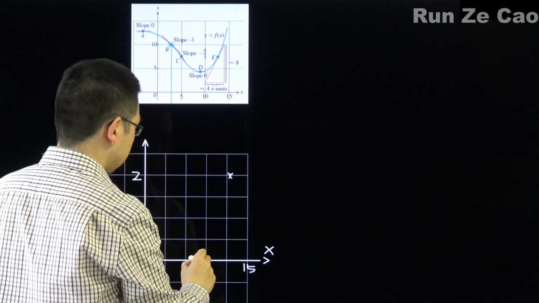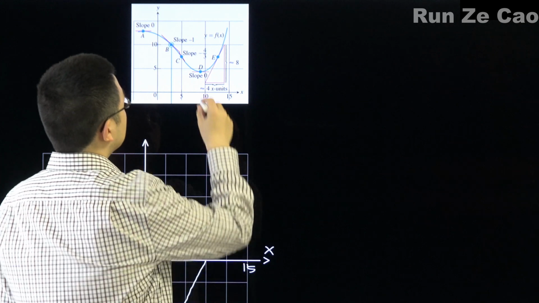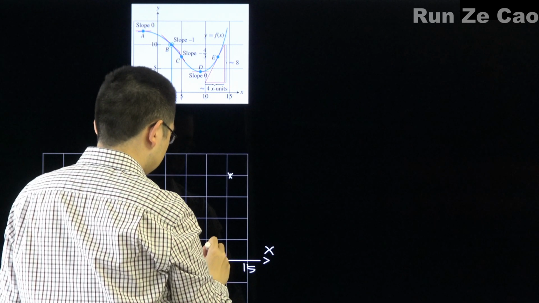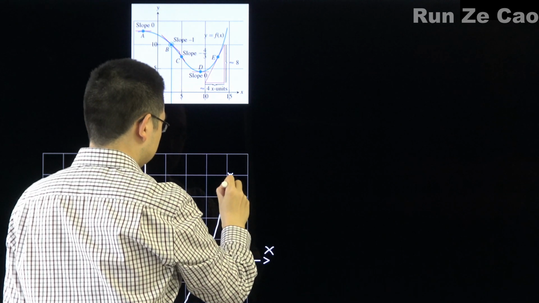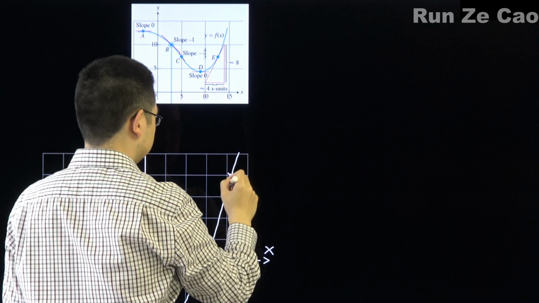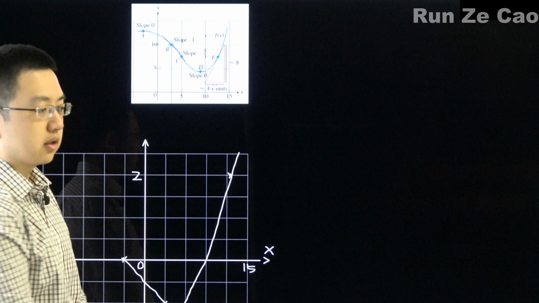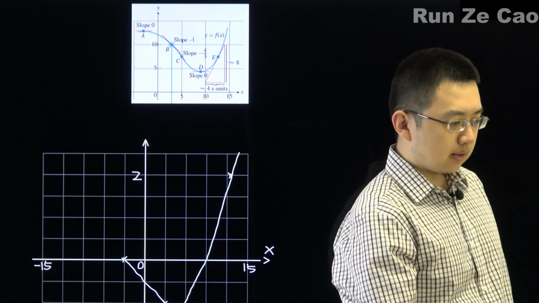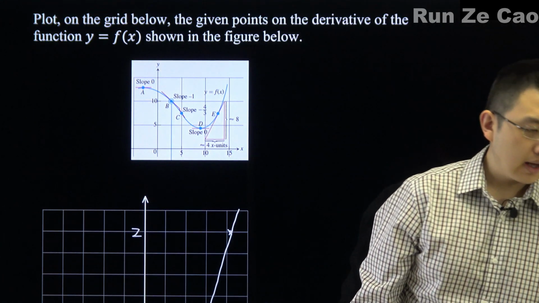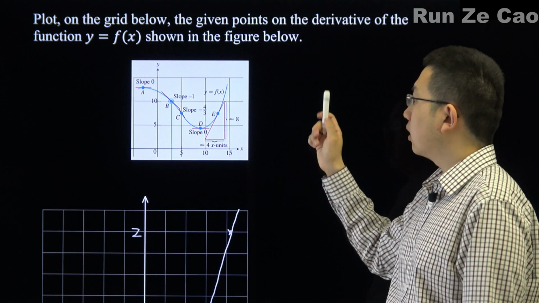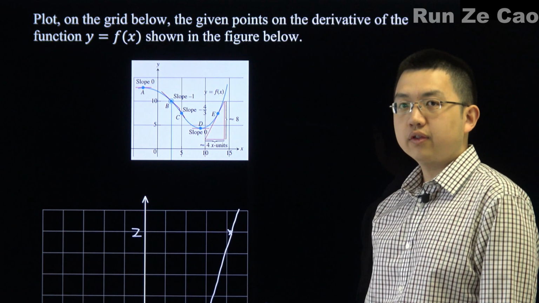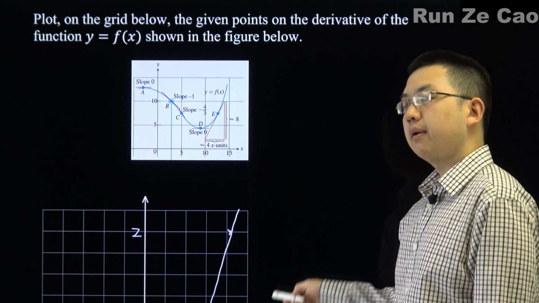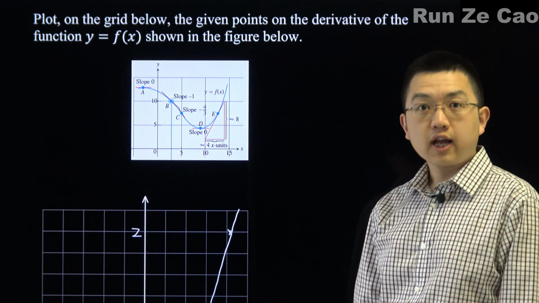So this, well, it looks like it's parabolic, so it's going to be another straight line up there. So it more or less looks like this. So as we can see, with a nice smooth curve, if we graph the derivatives, then we may very well come up with a plot that is quite jagged.